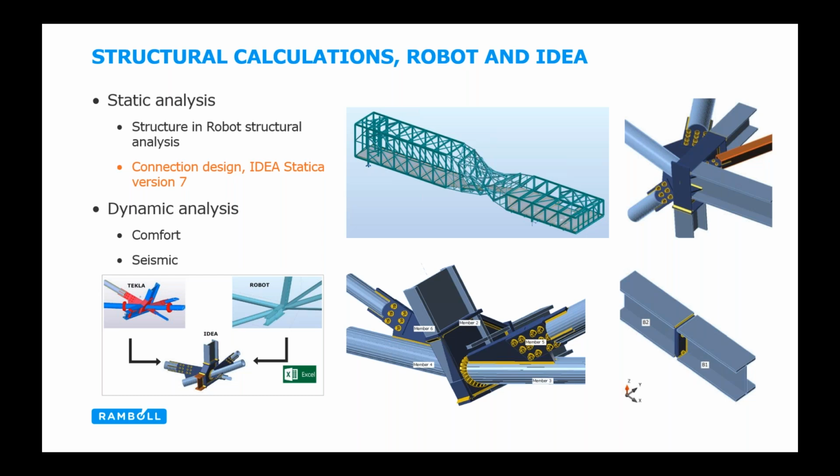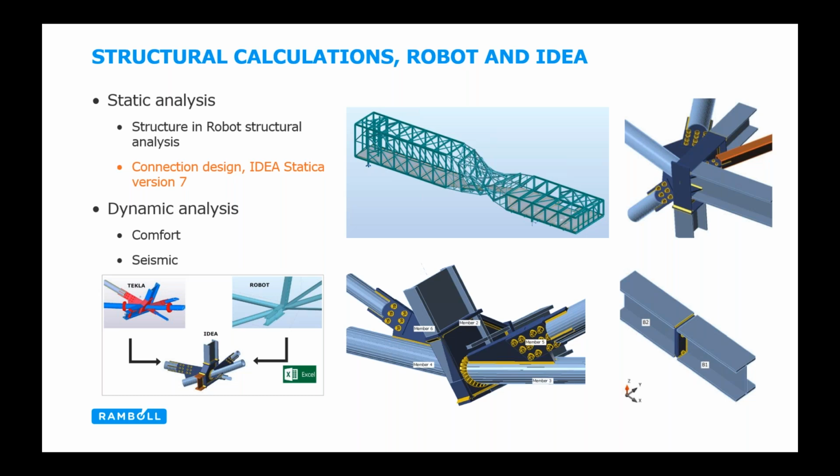All right, when it comes to structural calculations, as I said, the static and dynamic analysis was done in Robot from Autodesk, the global analysis. And of course, here's our place of fame, that for the connections, they used IDEA StatiCa Connection.